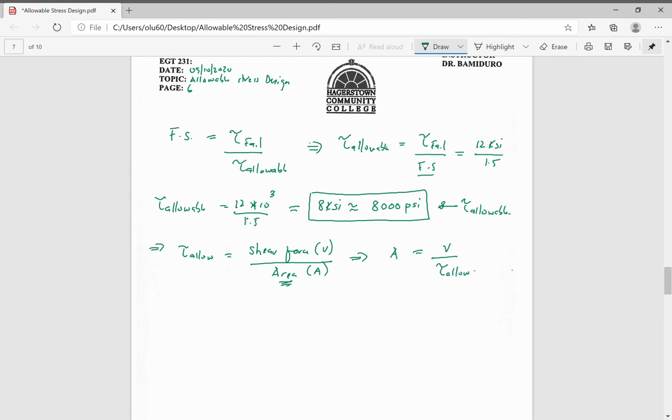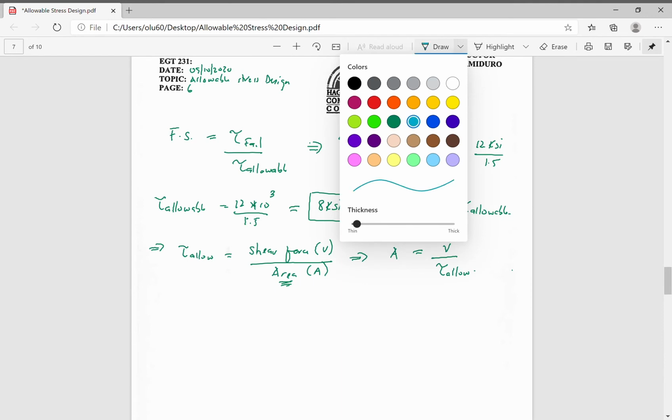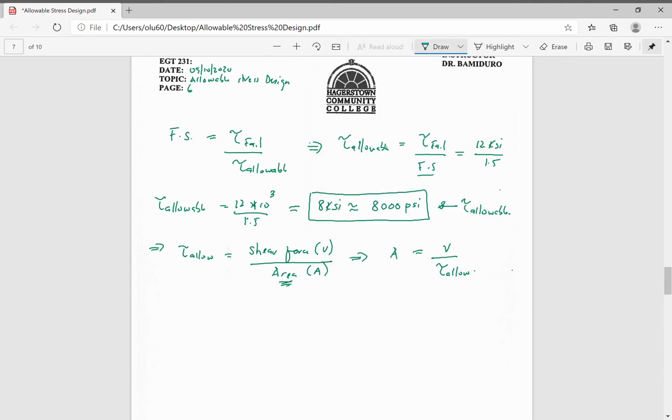Mind you, we already found tau allowable, and that's right here.